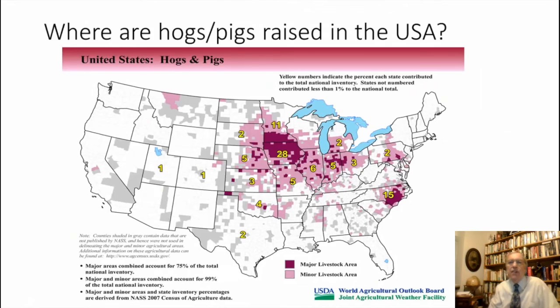Hogs and pigs are raised in the United States in the Corn Belt, because mostly hogs eat corn for their primary feed. So Iowa has corn, but Iowa also has pigs. Iowa and southern Minnesota, a bit into Illinois, Indiana, and so on.